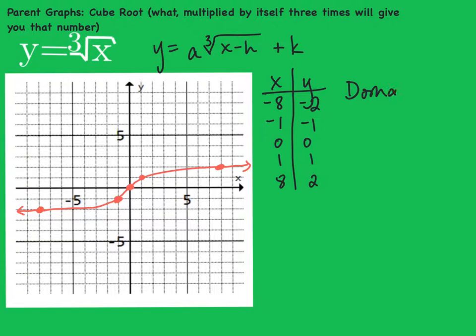That has a domain of all real numbers, range, all real numbers. We only use these specific numbers in our table because we knew they had perfect cube roots. And it's just easier to graph when you're dealing in whole numbers. There are no asymptotes.